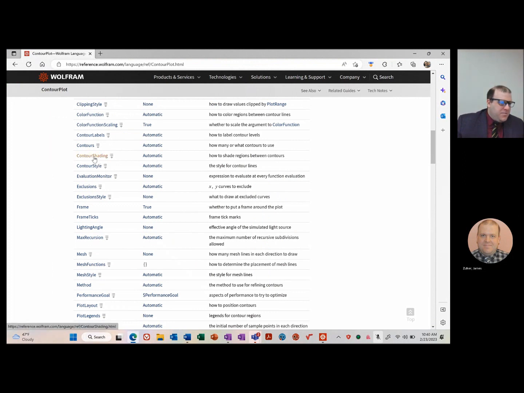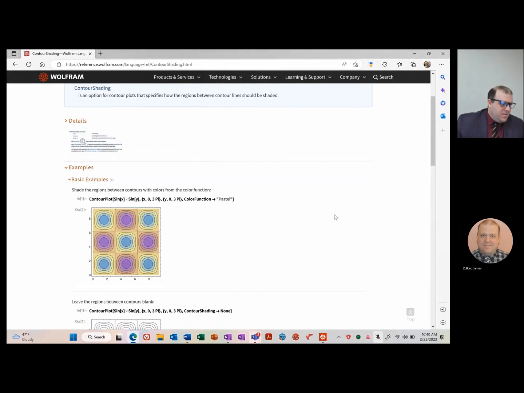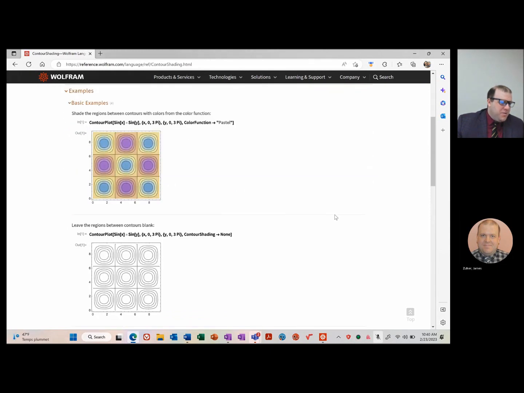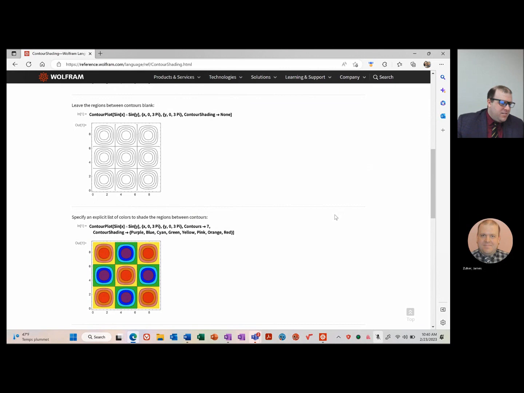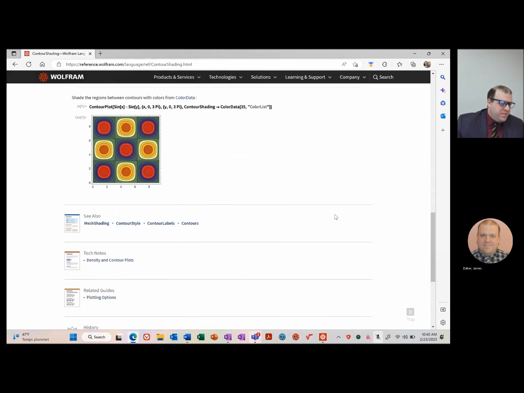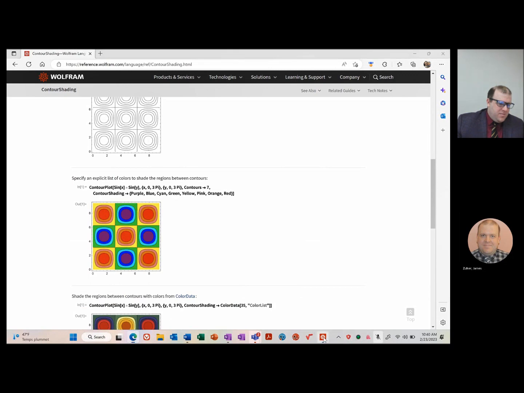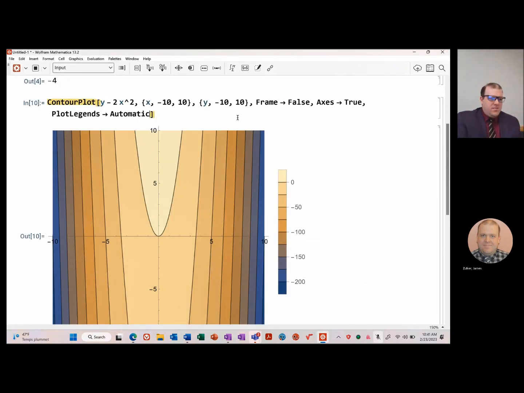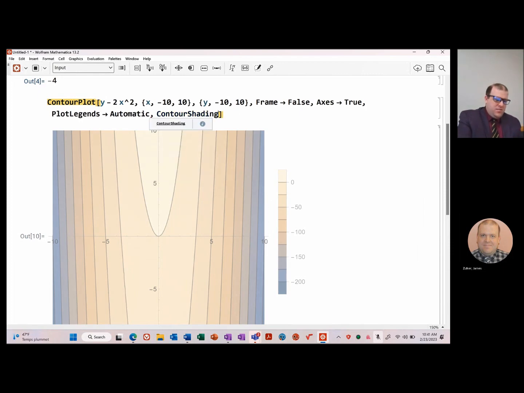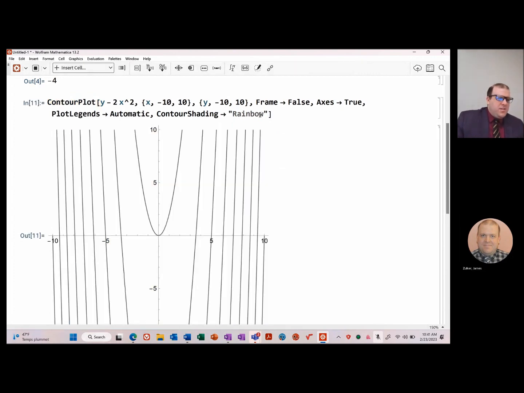That'd be this one here. Okay, it'd be the color function is what I want. Yeah, I definitely want the color function.